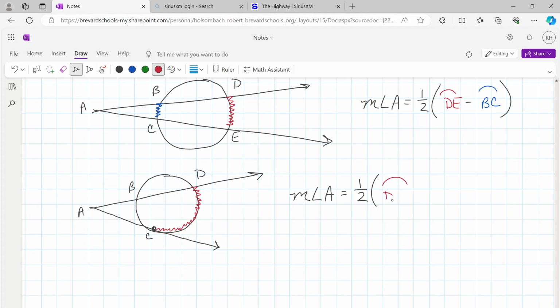That's arc DC minus the measure of the little arc, which is BC. All right, so we have an intersection outside of a circle. The measure of the angle formed is equal to 1/2 of the big arc minus the little arc.